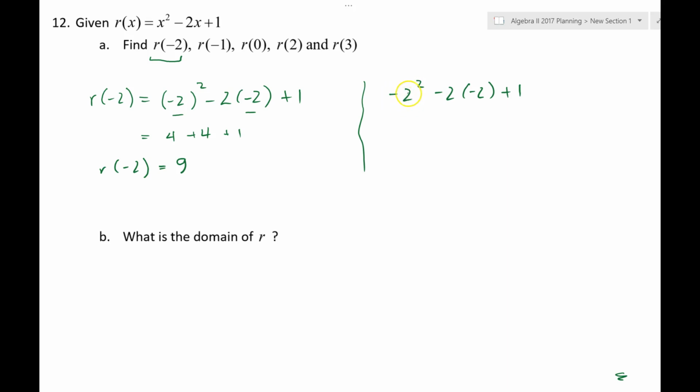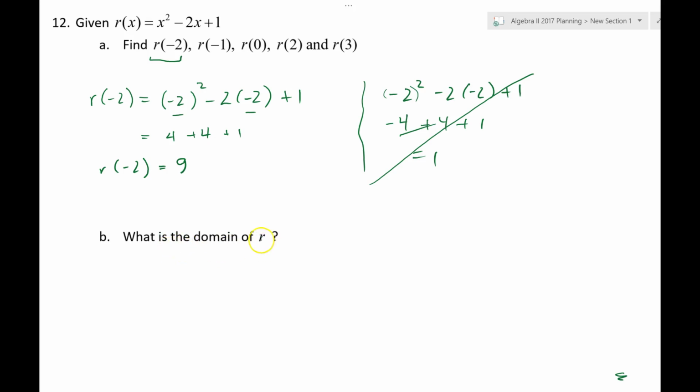It's not touching the negative sign, it's only touching the 2. So if you did this, you would get -4 plus 4, and those would cancel out and you'd get 1. But that would be a wrong approach. So it's really important to put parentheses around that value when you do the evaluation. And then, again, I'm not going to do the other 3. It's the same process. The answers are in the answer key.